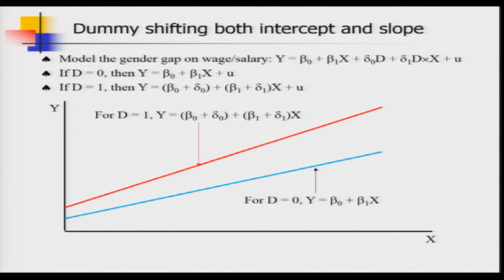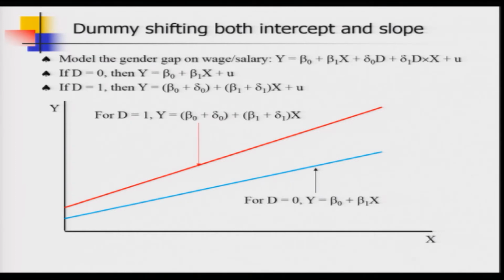So, now you have this mother equation which says that y, of course salary or wage, is equal to beta naught plus beta 1 times x plus delta naught times d plus delta 1 times d times x plus u. Okay. So, now you see that I brought back that intercept dummy from my model 1 and I have added that to the slope dummy model. So, now I have both intercept and slope dummies working in the same regression equation.